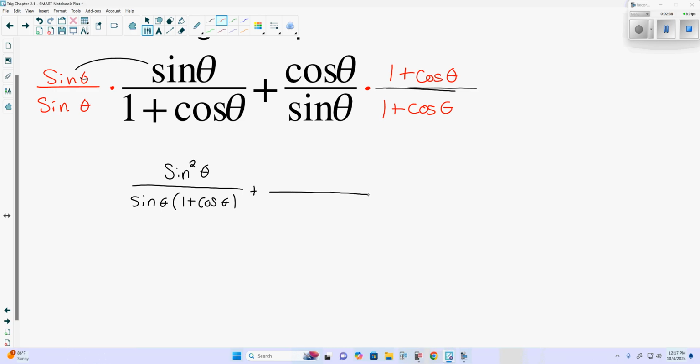On the right-hand side, we have cosine of theta times 1 plus cosine of theta. Well, our cosine of theta times 1 is cosine of theta, plus cosine times cosine is cosine squared of theta, over our sine of theta times 1 plus cosine of theta.